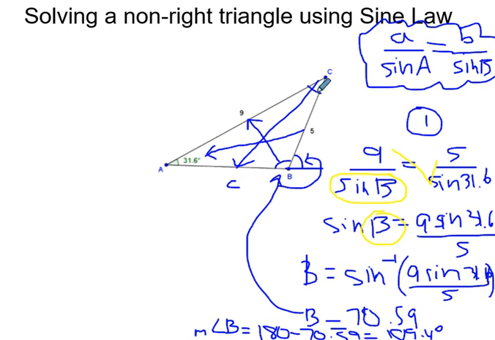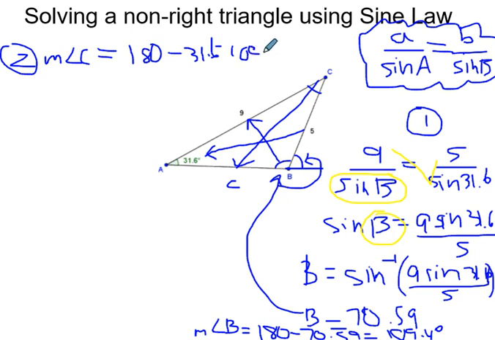Then to find my angle C, so step number 2, I can find my angle C. I can do the same thing again, or since I know in a triangle the sum is 180, I can find the measure of angle C by doing 180 minus 31.6 minus 109.4.